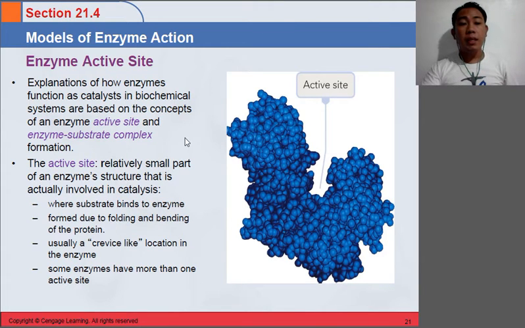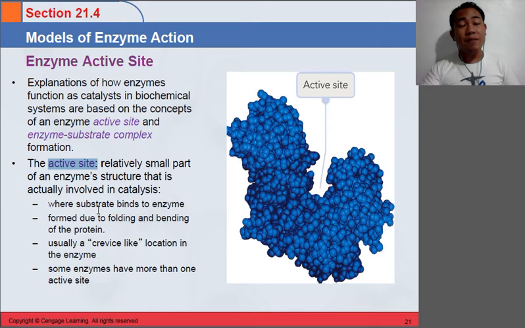This time, I'll be discussing to you the models of enzyme action. The explanations of how enzymes function as catalysts in biochemical systems are based on the concepts of an enzyme active site and enzyme substrate complex formation. The active site is a relatively small part of an enzyme structure that is actually involved in catalysis.